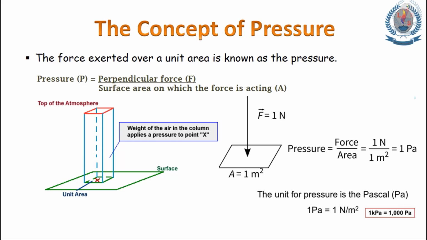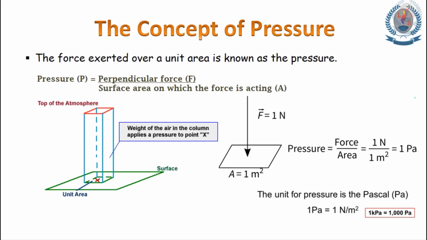So look at the first figure on your left hand side. You can see the unit area is below and the force of the object, it means the weight of the object, gives a pressure on the surface. It is up to the unit area which is contacting the surface. Now go to the figure on your right hand side.